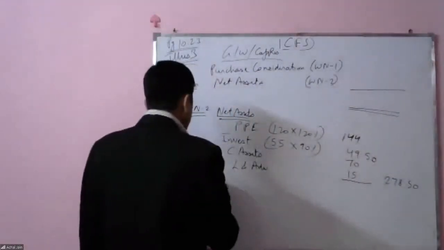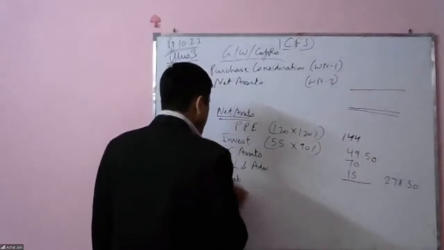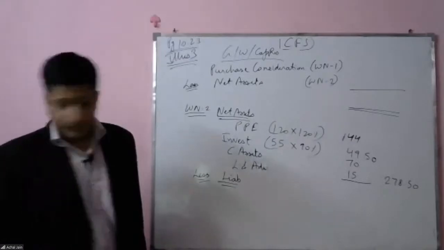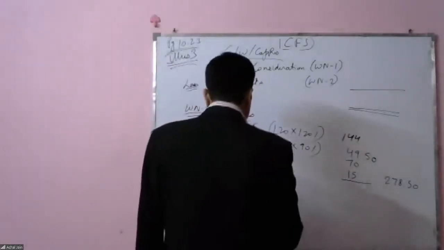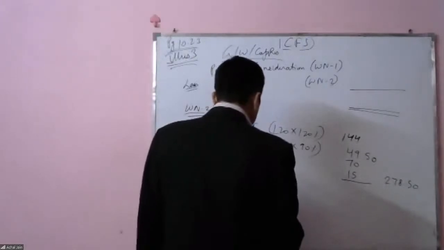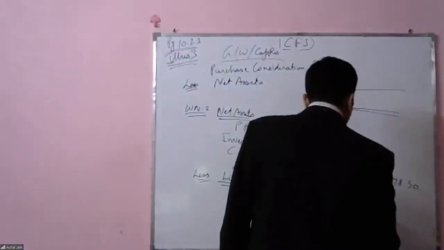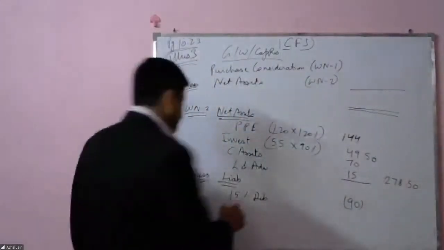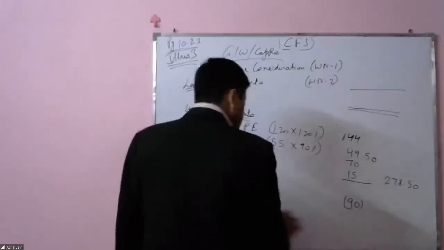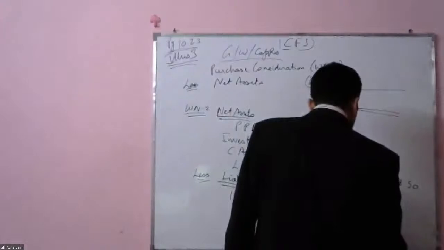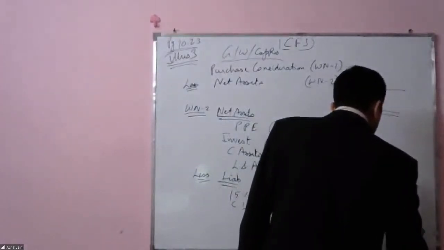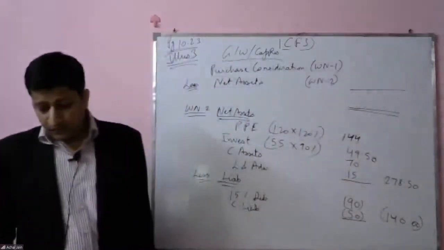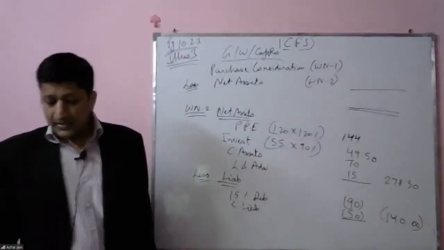From this we will reduce less liabilities. So what is the amount of liability? 15% debentures of 90 lakhs. Next one is current liabilities of 50 lakhs. So this is 140 lakhs. So all in all, what do we get? 138.5.